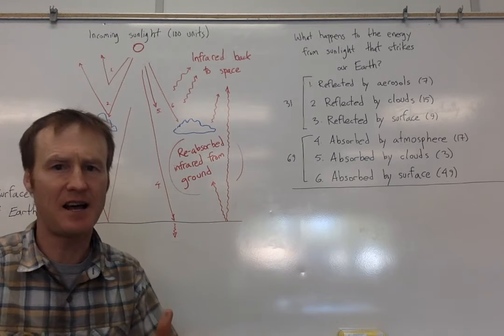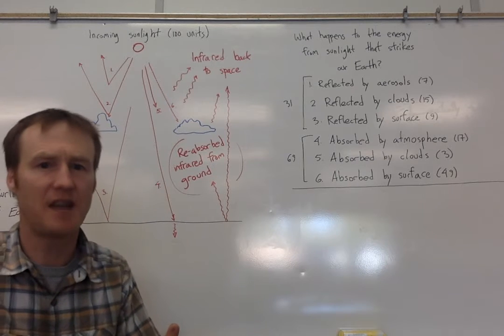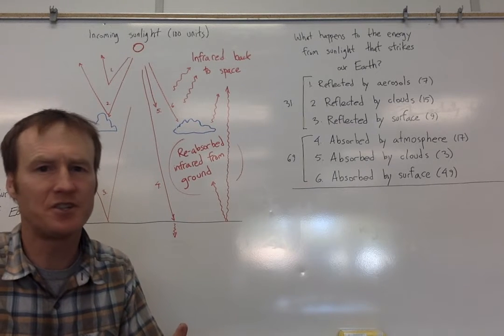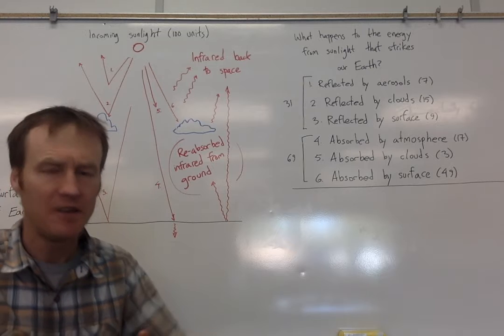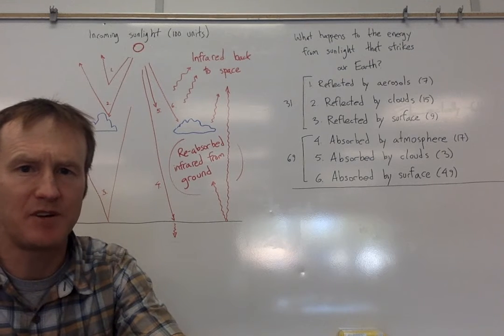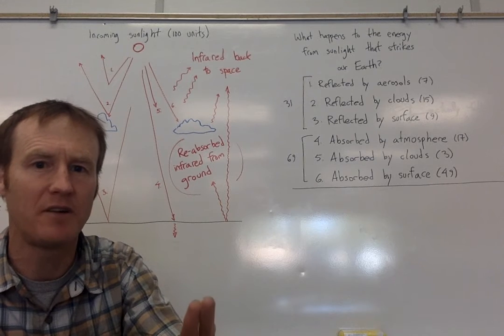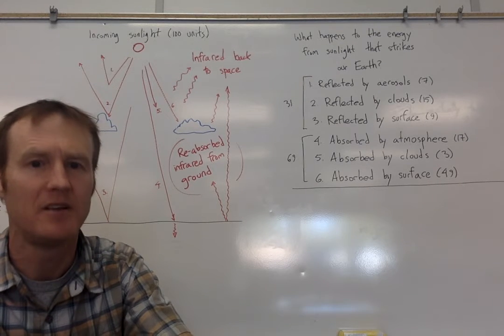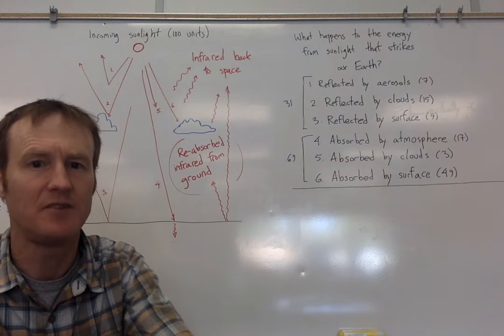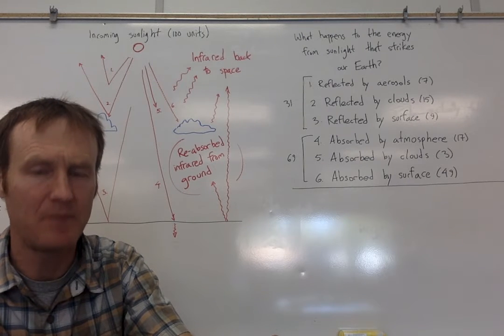Because there are certain gases that can do this and certain gases that can't. Nitrogen doesn't. Oxygen doesn't. These are the gases that make up most of the atmosphere. But two gases that are very important have that property. One is carbon dioxide gas. Two is water vapor.